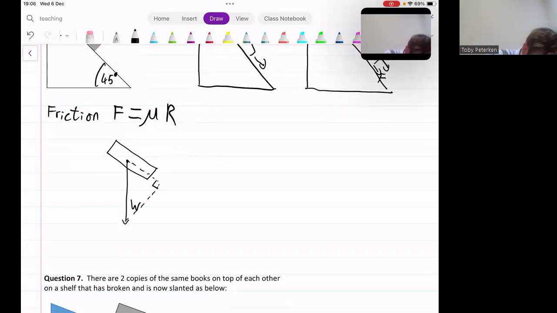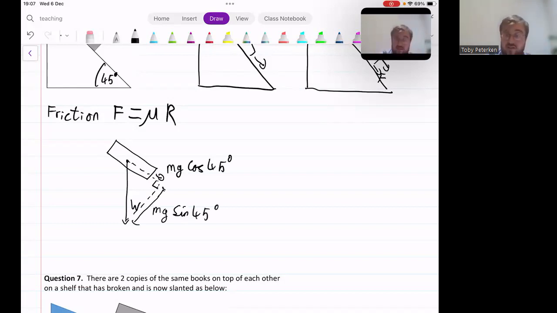The parallel component in this direction is mg cos 45 degrees. And in the perpendicular direction, the force into the slope, we have mg sin 45. Now, cos and sin of 45 degrees are exactly the same, so both of these are equal to mg over root 2.